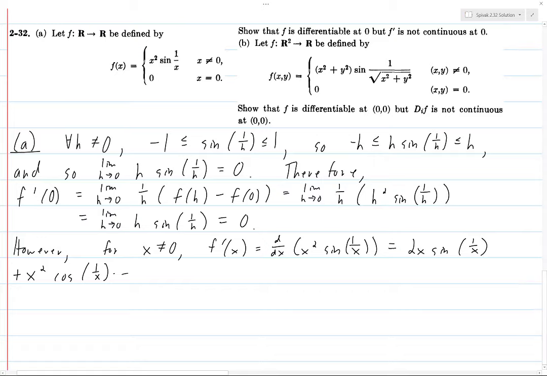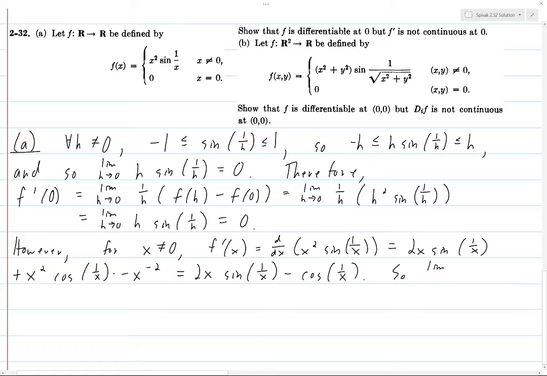The derivative of 1 over x is the same as the derivative of x to the minus 1, so you bring down the minus 1 and decrease the exponent by 1, so it's minus x to the minus 2, and there will be some cancellation here. The 2x sine of 1 over x will stay. Then we'll get minus cosine of 1 over x.